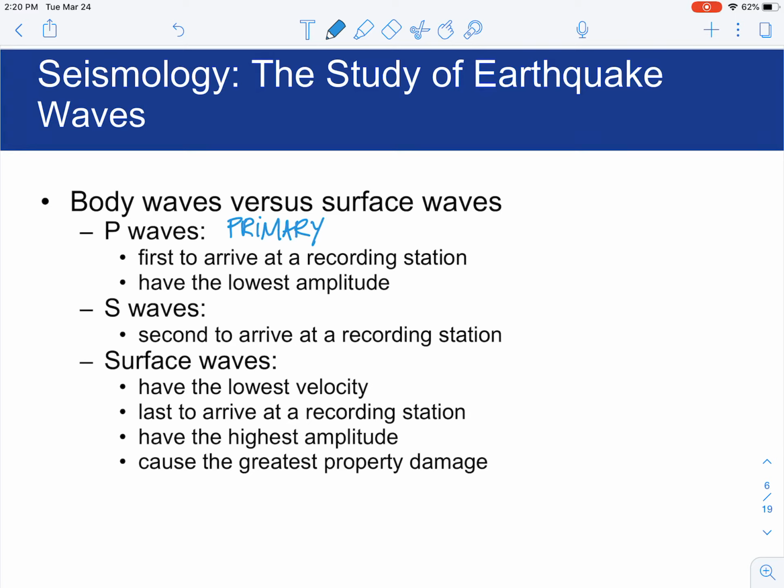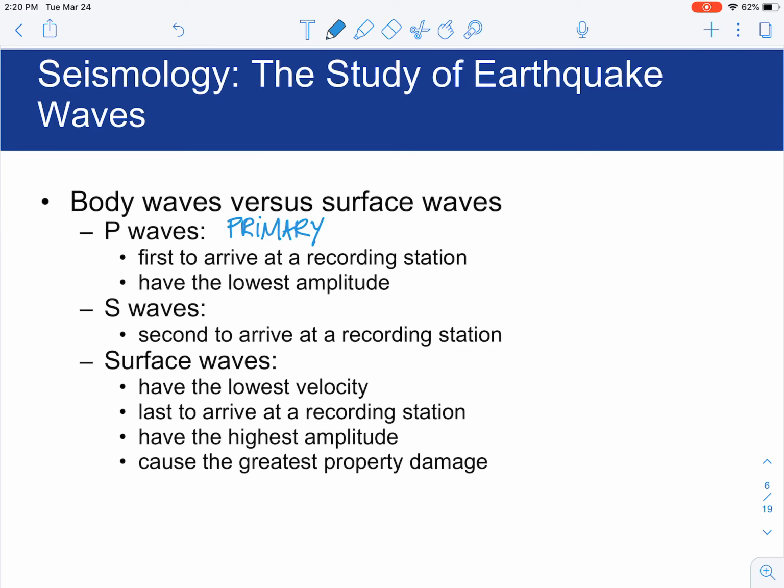Depending on where the seismograph is located, if it's close to an earthquake epicenter, those waves will arrive within a matter of seconds to minutes. Far away, obviously, it's a different story because distance is related to time, as you know.